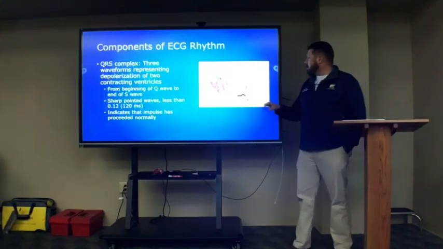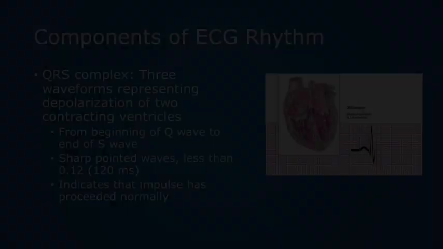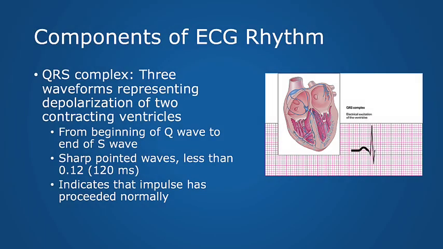So, what do we want our QRS to measure? Less than 0.12, or 120 milliseconds or less. A normal conduction is going to be sharp and pointy. You're not going to have a lot of a Q wave, because if you start developing Q waves, that's something pathological, and we don't want that to occur.